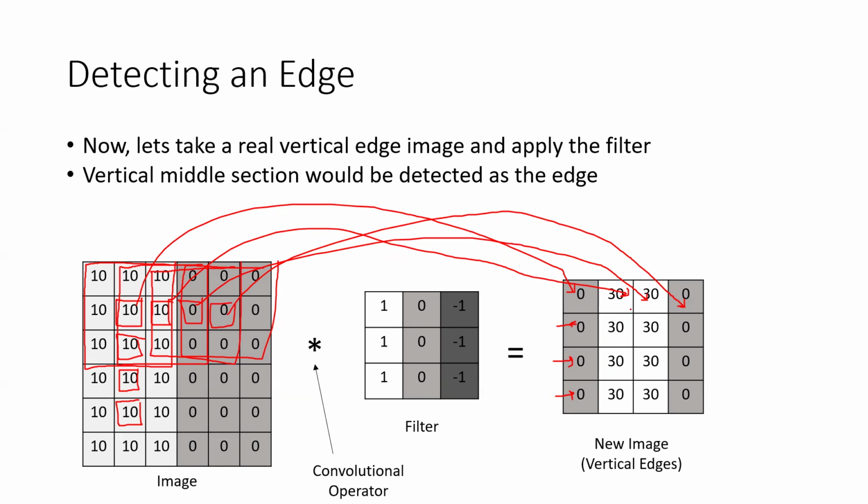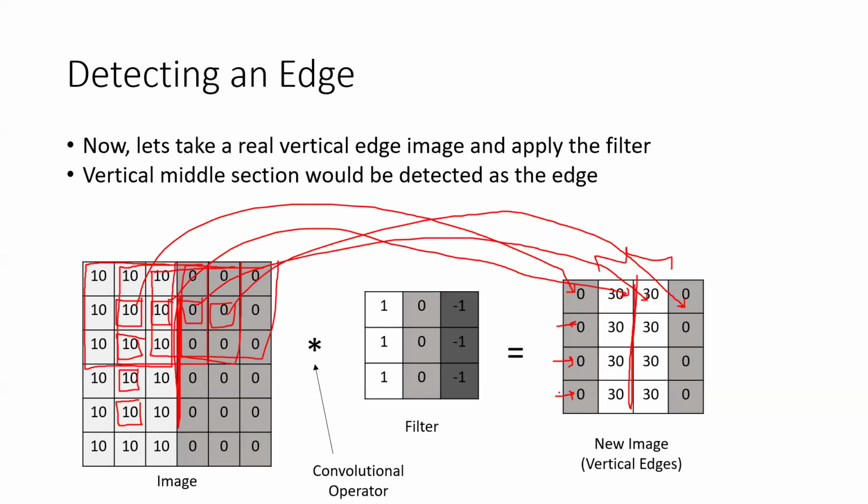Similarly, you can calculate all the other values. So only the middle section of the image has higher values, which corresponds to the vertical edge in this image, right? This is the vertical edge that is detected by this edge image.